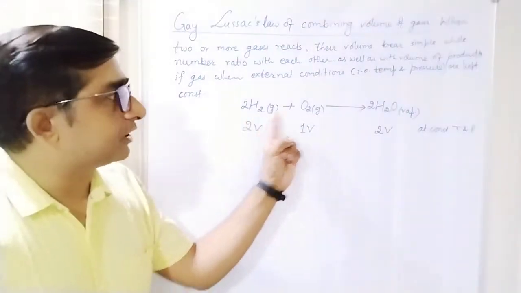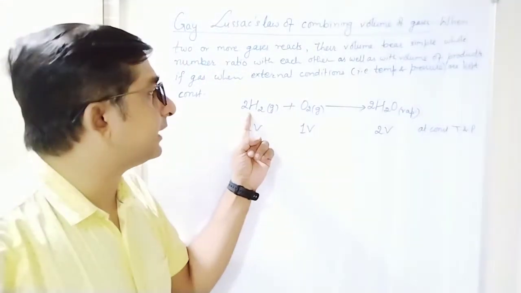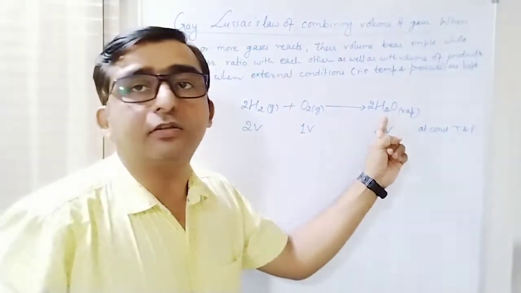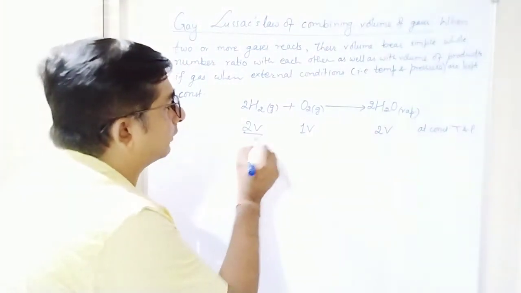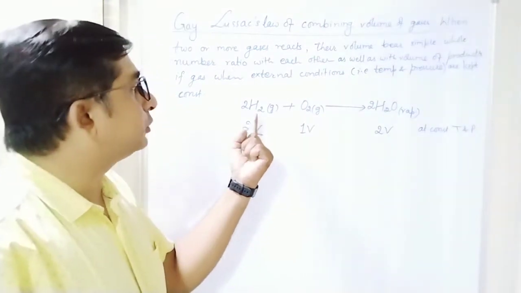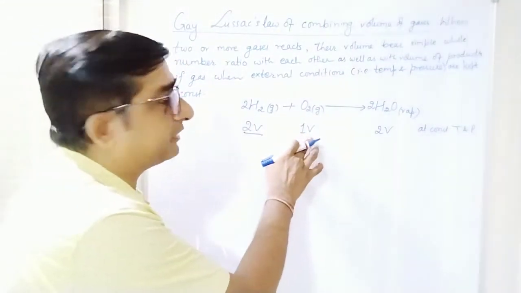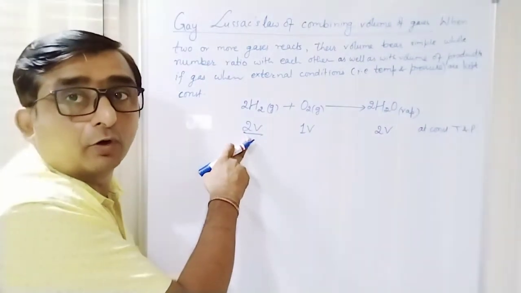See, the condition for this reaction is that whenever you have 2 molecules of hydrogen, you should have 1 molecule of oxygen, then you will get 2 molecules of water vapor. If I take 2 volumes of hydrogen gas, then automatically it will have twice the number of molecules of oxygen, because I have taken 1 volume of oxygen and 2 volumes of hydrogen.